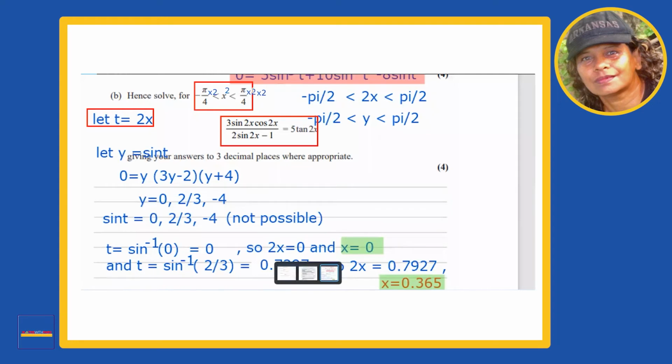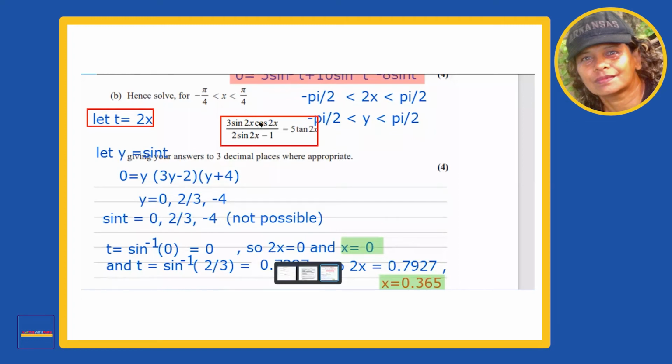So my new range is that 2x is from minus pi over 2 to pi over 2. Now, I'm going to call 2x y, and y is from minus pi over 2 to pi over 2.